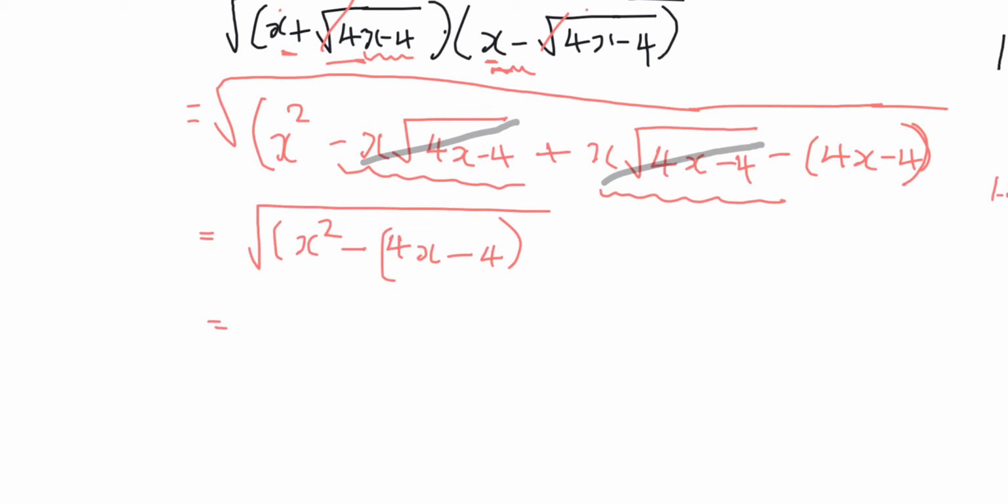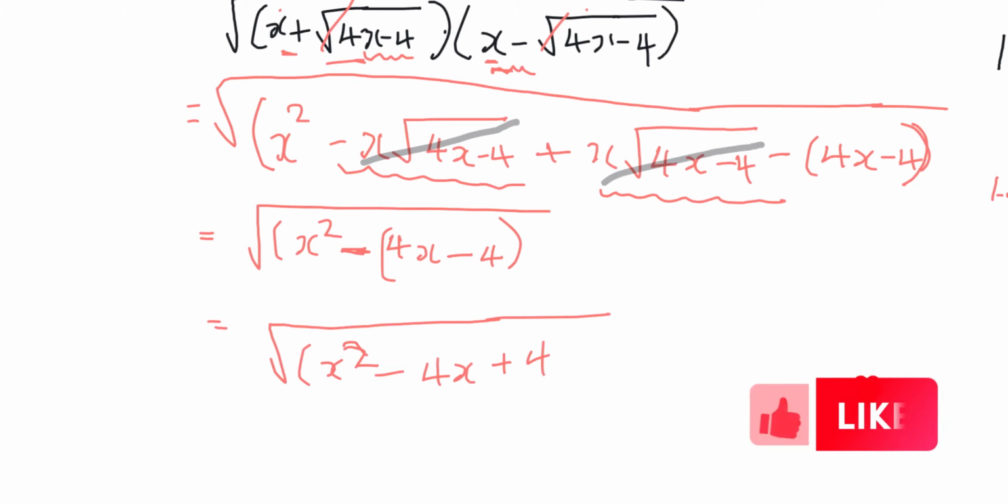When you multiply with this negative, this is going to be x squared, subtract 4x, and then negative multiplied by negative is 4. Remember, we are distributing the negative within the bracket. So this is what we are going to have in totality.